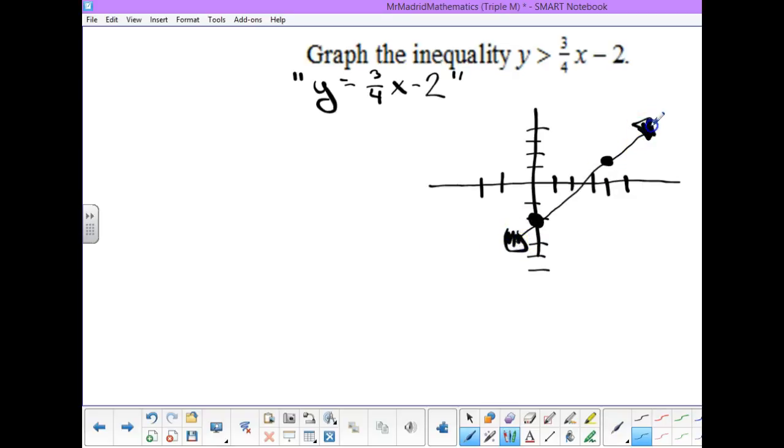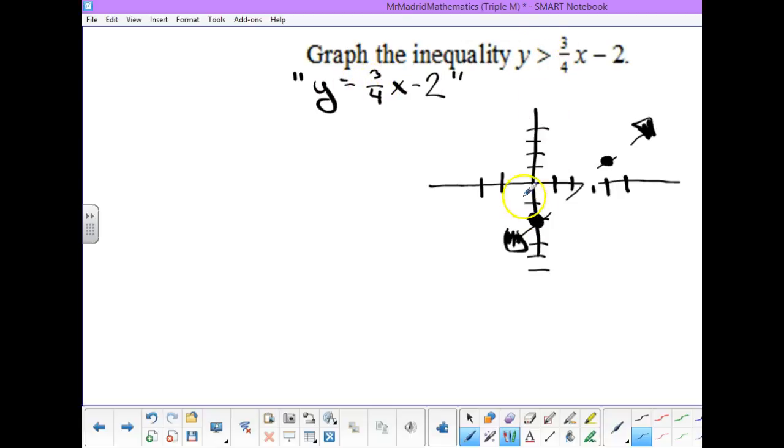Now notice what I've done here is I've got a solid line, so I must check the notes you just received a second ago, and I notice there's not equal to. So I must come back here and I must indicate it's a dashed line. So I've broken it up for that purpose. And other than that, I have graphed the linear inequality, at least the line itself.